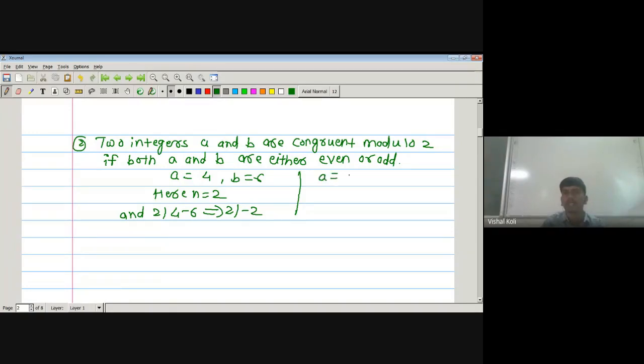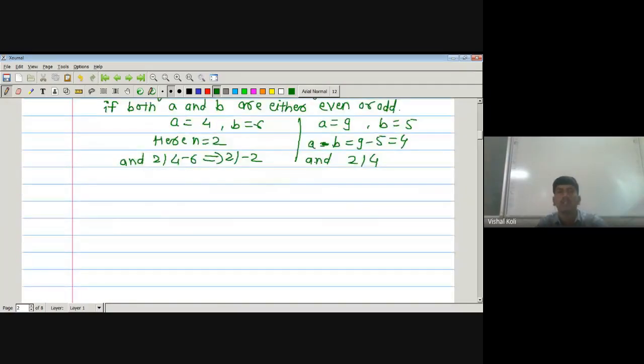For example, if we take a equal to 9 and b equal to 5, then a minus b is 9 minus 5, which is equal to 4, and 2 divides 4. Therefore, the two integers a and b are congruent modulo 2 if both are either even or odd. If instead one number is even and the other is odd, then what should happen? Suppose a equal to 6 and b equal to 11.